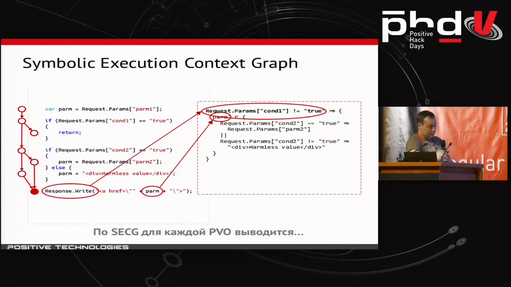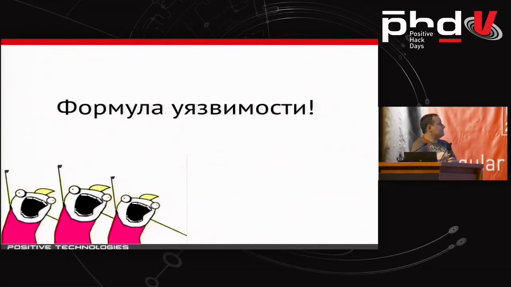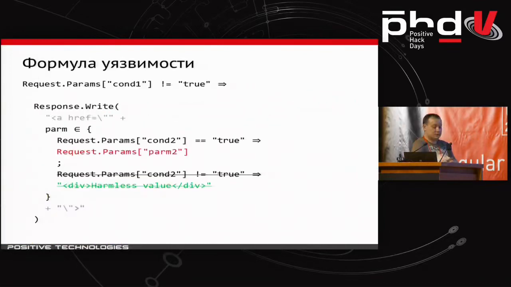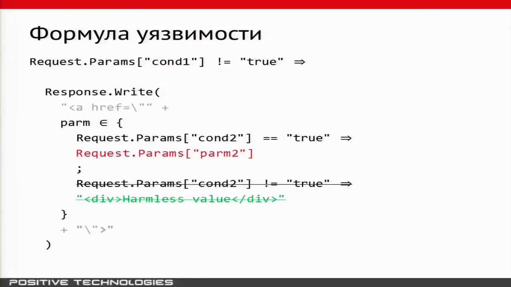So after we execute all the code and build the graph, we can do the following. We can collect dangerous operations like the response write, an HTTP response to the web server, and we can look at when this dangerous operation will be done. And we can take parm and look at the moment of execution and write it as a formula, which looks as follows.